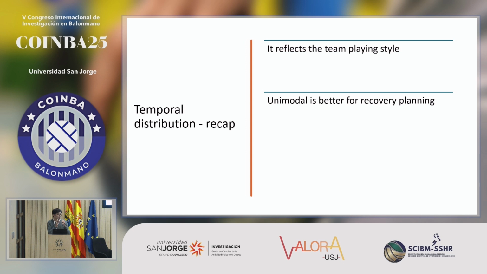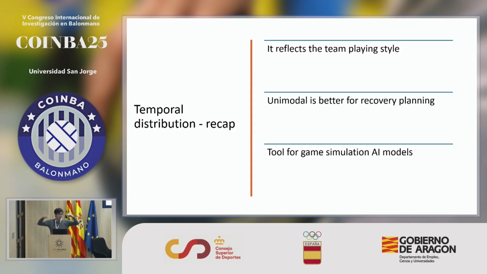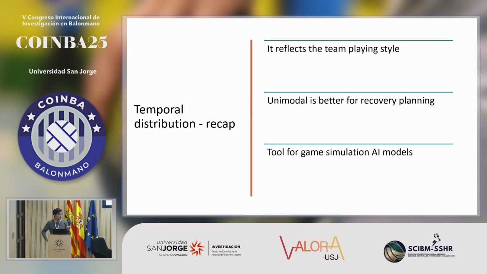If we have a unimodal distribution where the big core has the same load, it is better for planning the distribution of load and so on. And we believe this can be a small tool in a bigger AI model that can simulate games and have a lot of data to make some inferences and predict consequences.